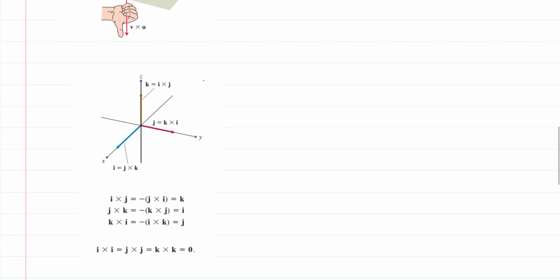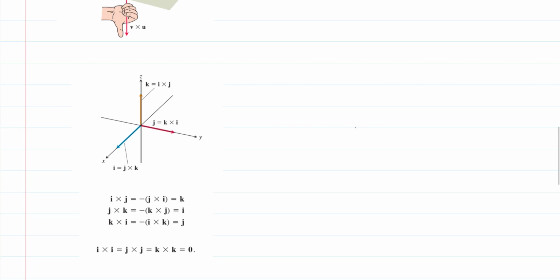If I move from j cross k, the hand will point this direction, then I get my i. If I move from k cross i, going around this side, the right hand will point that way. So k is just i cross j, j is just k cross i. So we have all these properties.